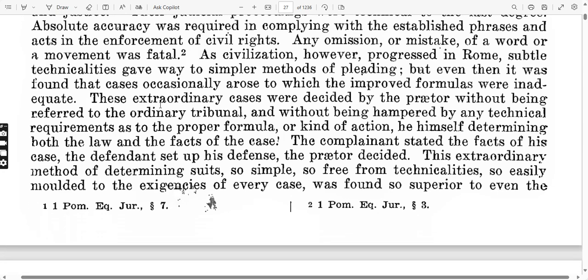Any omissions or mistakes of a word or a movement was fatal. As civilization, however, progressed in Rome, subtle technicalities gave way to simpler methods of pleading. But even then, it was found that cases occasionally arose to which the improved formulas were inadequate.